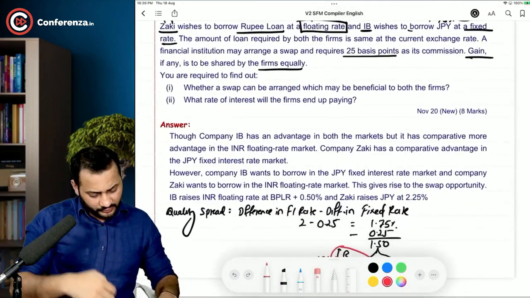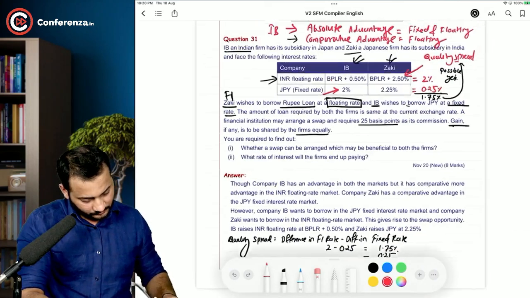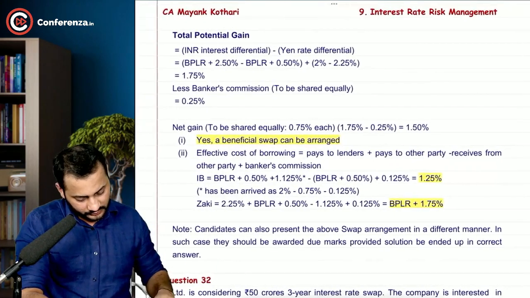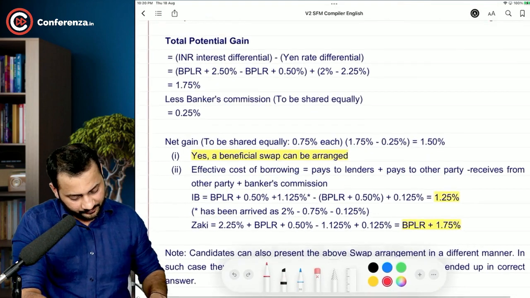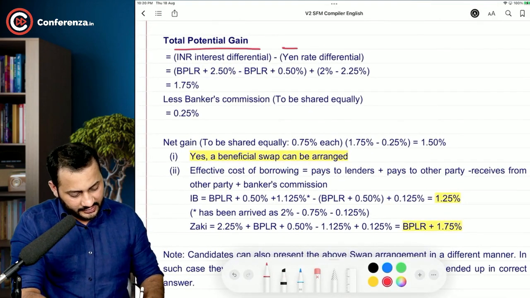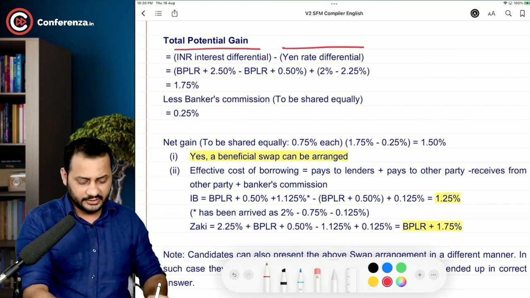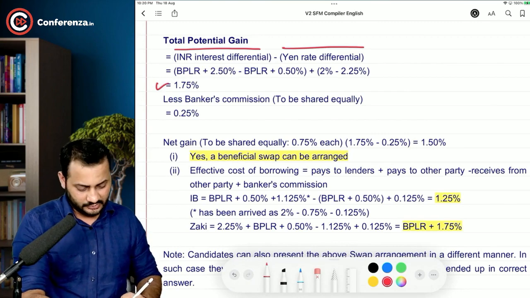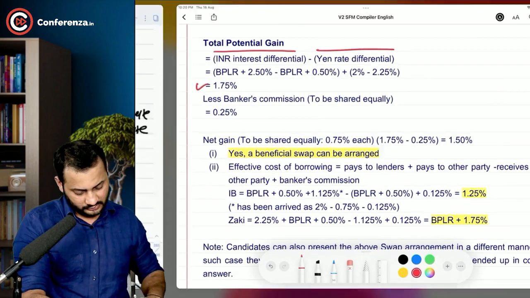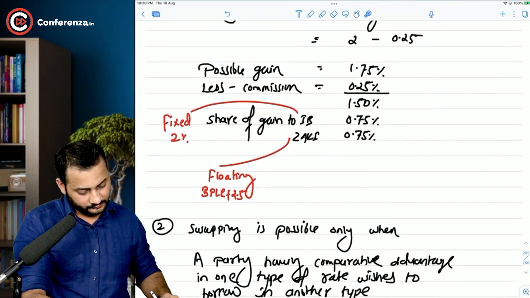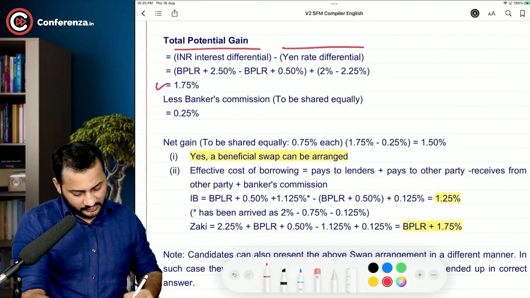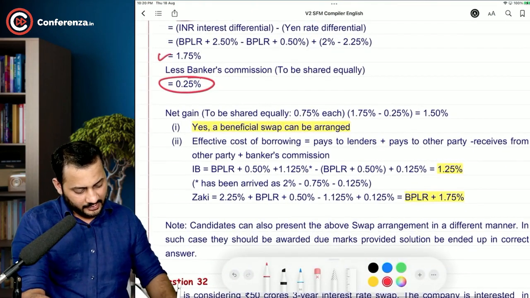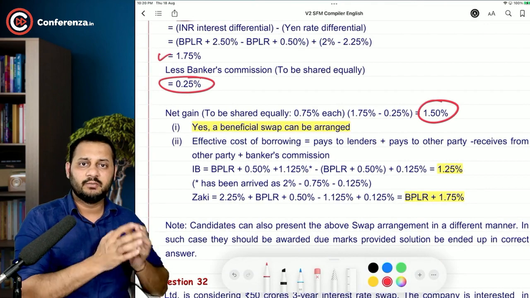Okay. So let's come to this point. I will just go to the potential gain. See, the interest rate differential, or fixed and floating rate differential, is 1.75%. Am I right? Yes. And then 0.25 will be taken by the bank, and the balance will be 1.5%, which will be shared by both equally.